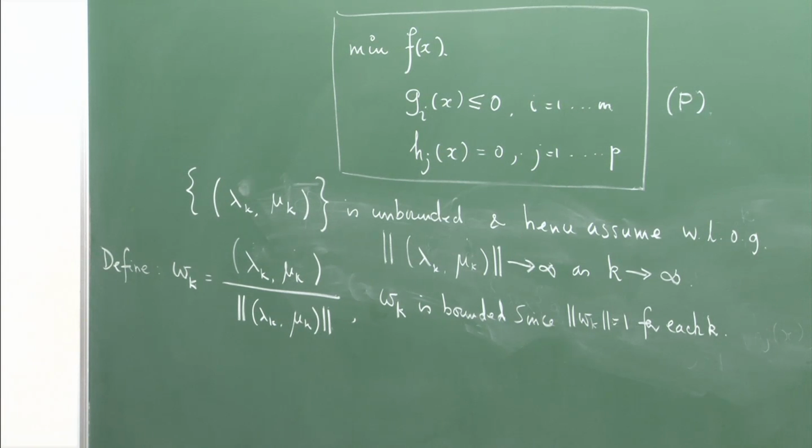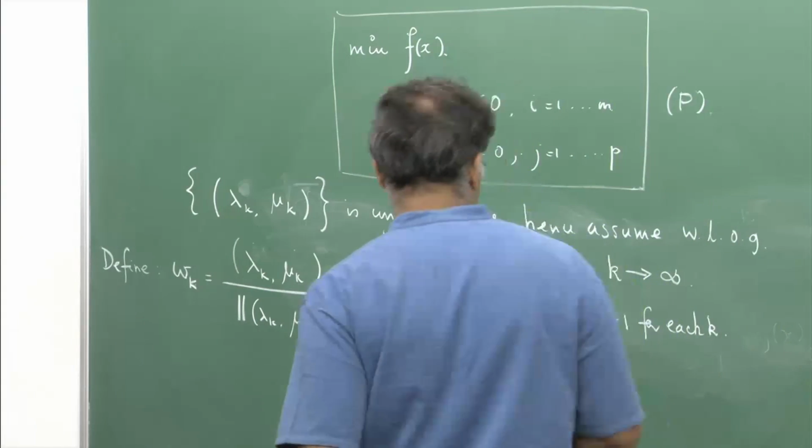So, without loss of generality, again we can assume that wk converges to some w star.